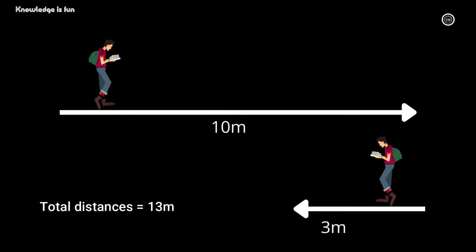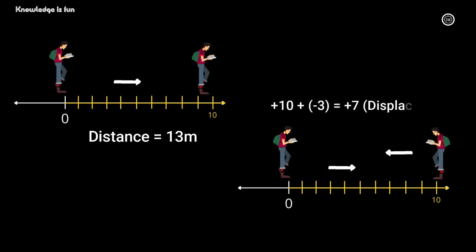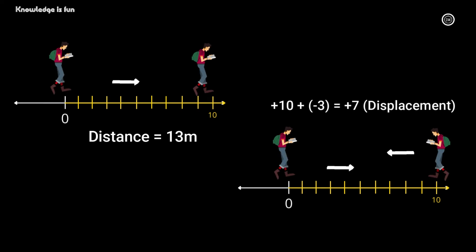While for displacement, the boy travels 10, that is positive 10 in the first displacement, while the boy moves backward, in the opposite direction. That's a negative 3. So when you say 10 plus minus 3, it gives you 7. That's a plus 7. That is the displacement.